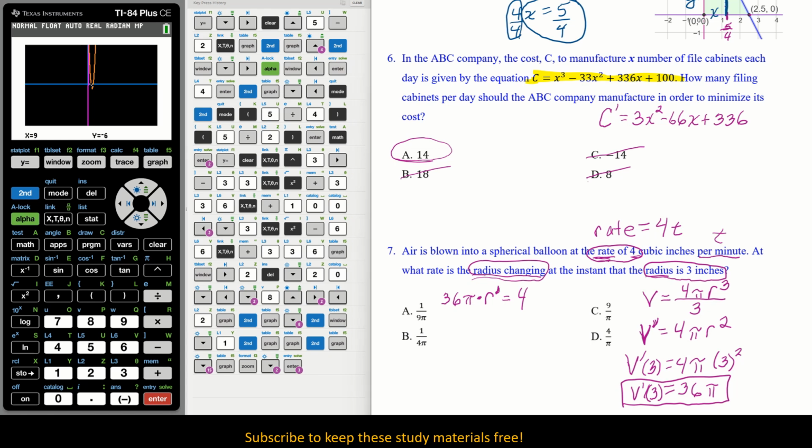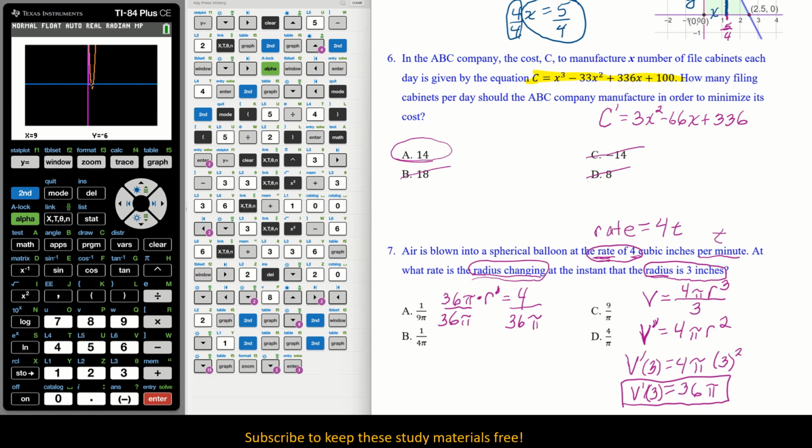So we solve for the change of the radius, our derivative of r, R prime. We divide both sides by 36 pi, sorry, 36 not 63.